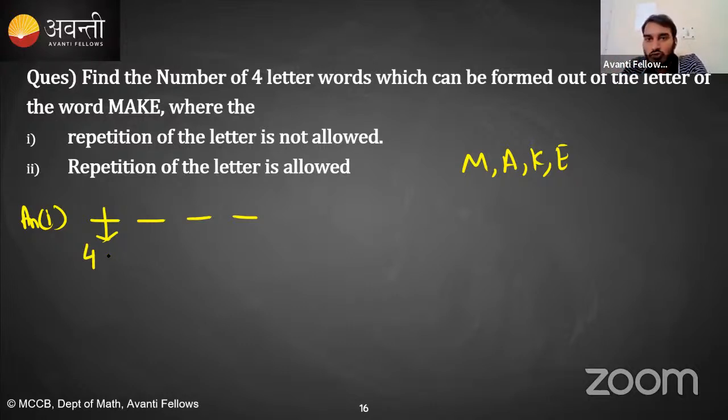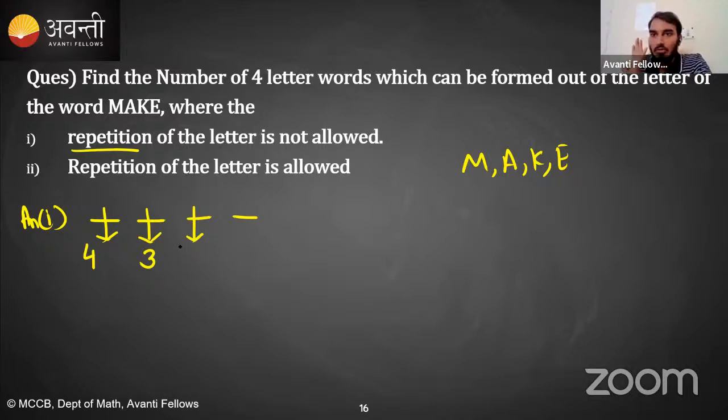Corresponding to each of those choices, how many choices do we have for the second place? Repetition is not allowed, so the letter that we have used on position 1 we cannot use now. So we are left with only 3 choices. Now, corresponding to each of these choices, how many choices do we have for the third place?